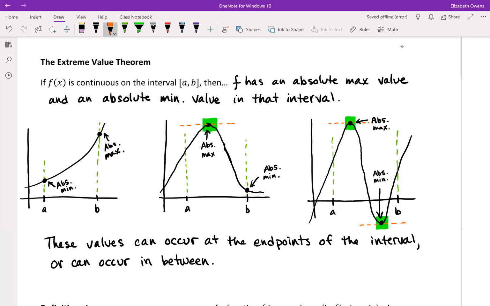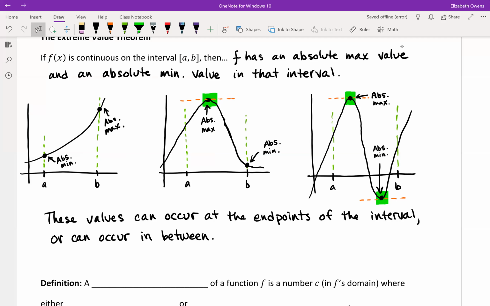So the derivative there, the slope of those tangent lines, is 0. The derivative is 0 at every one of those three points in our pictures, because they all have horizontal tangent lines. And that's what we're going to use to help us locate those absolute maximum and minimum points if they're not at the endpoints of the interval. So look at the horizontal tangent lines.